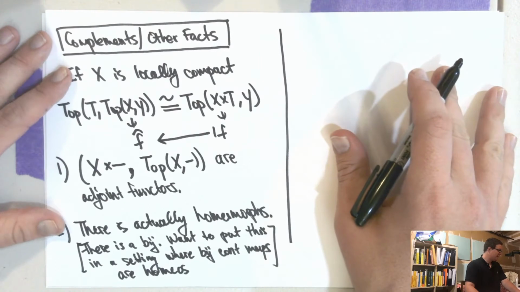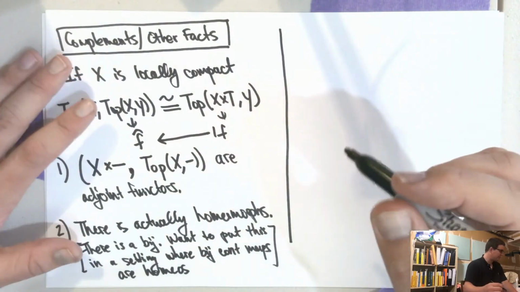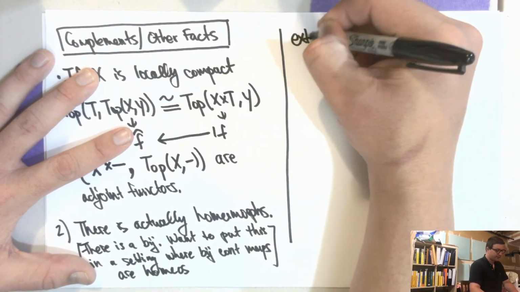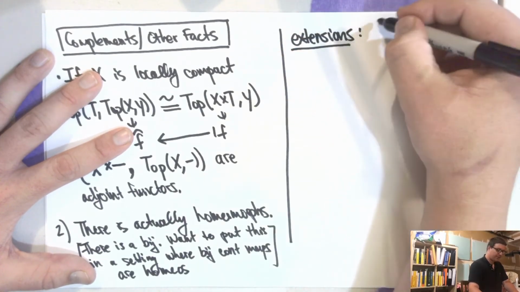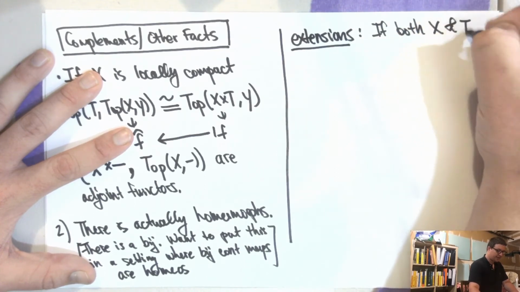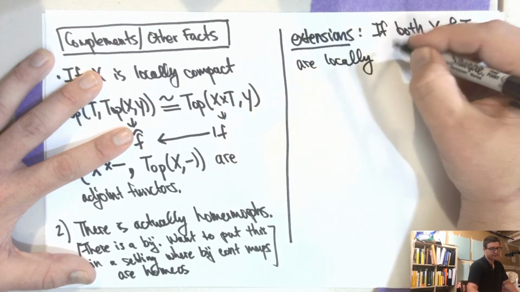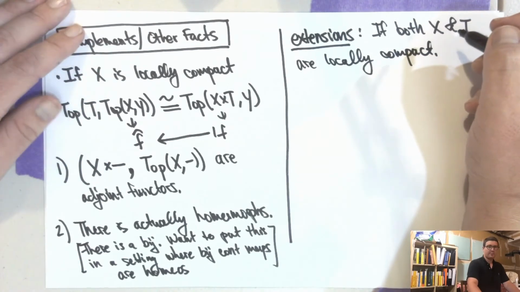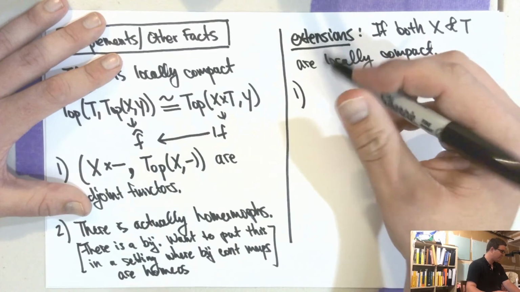There are other things that we can do, other properties, extensions of this. So if both X and T are locally compact, then we have two more formulas that are similar to this one. The first formula says that you can move products.